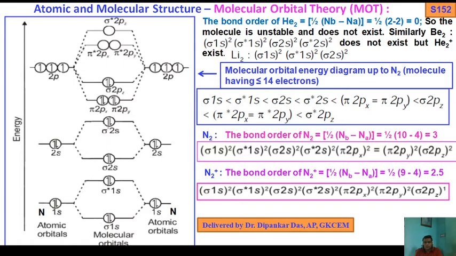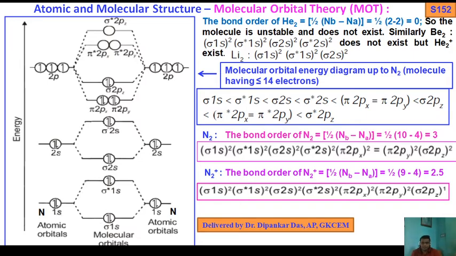So the number of bonding electrons is 4 minus 2, that is 2, divided by 2, that is 1. So between two lithium atoms there is a single covalent bond. Bond order 1 means a single bond, 2 means a double bond, 3 means a triple bond. So He2 and beryllium 2 don't exist as their bond order is 0. But in case of He2 plus, its bond order is not 0, that's why it exists.